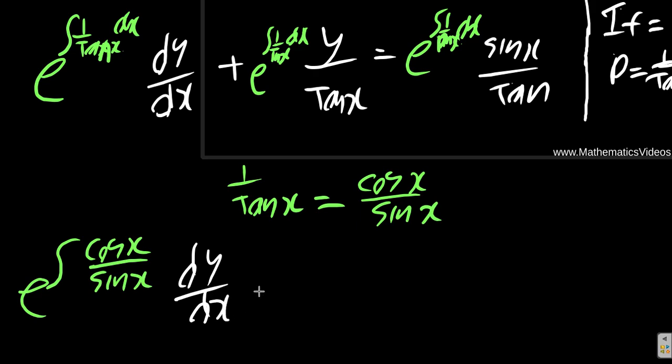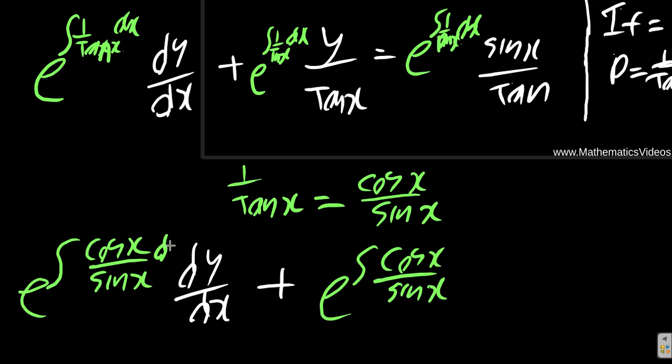So what we have is e to the integral of cos x divided by sine x dx times dy by dx plus e to the integral of cos x divided by sine x dx times y divided by tan x.